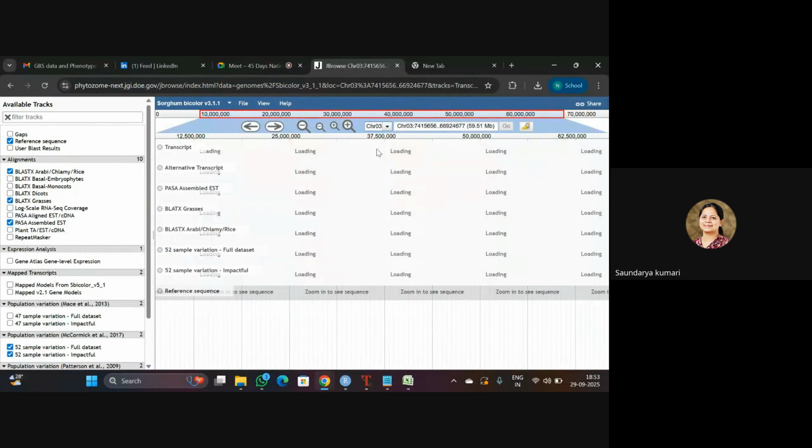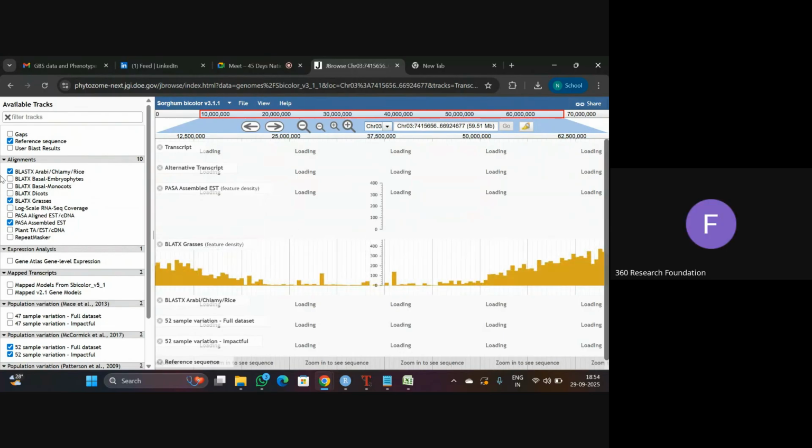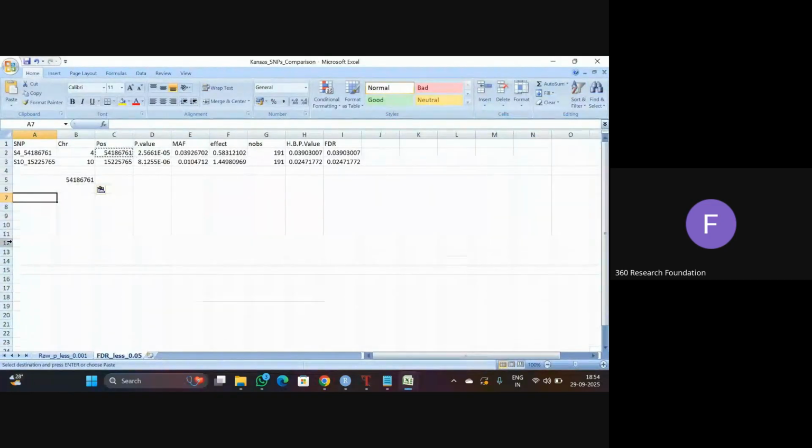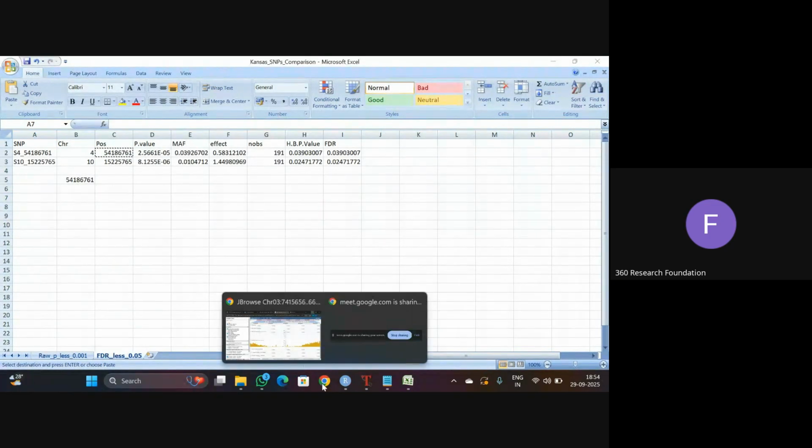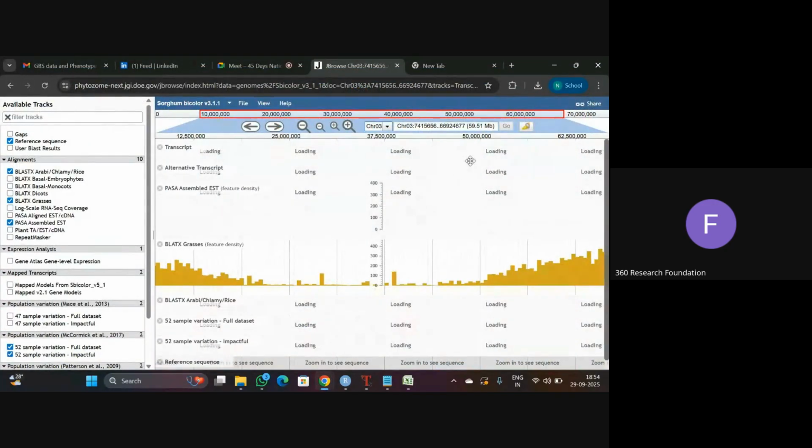Excuse me, sir, why do we use 1,000 base pair? I'm coming to that only. If you open Phytozome or Ensembl or any other data resource, generally it will ask for a starting point and end point.